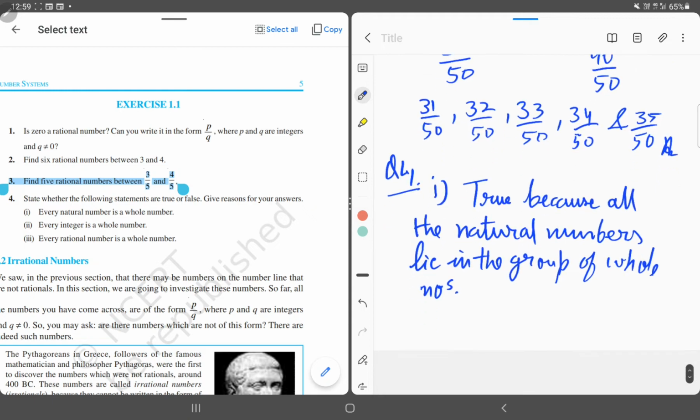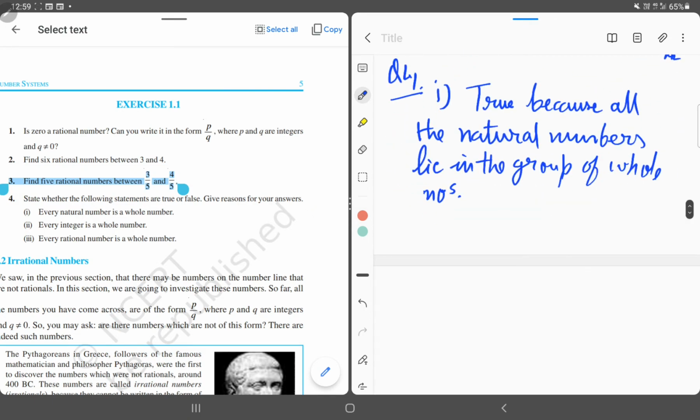Now second is, every integer is a whole number. This is false because if you find any statement false, you just give one example which is not fitting the statement. They are saying every integer.